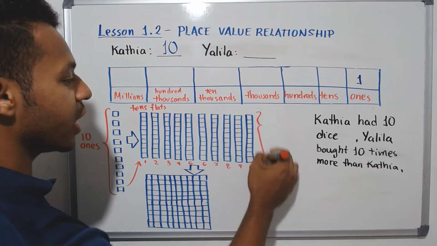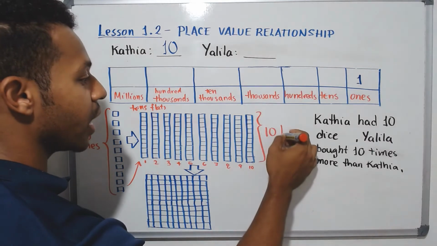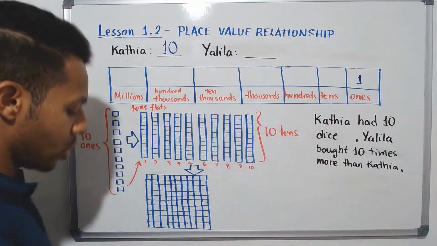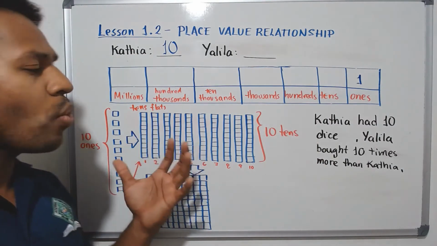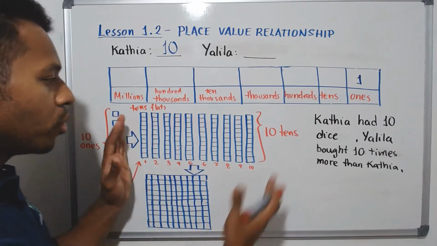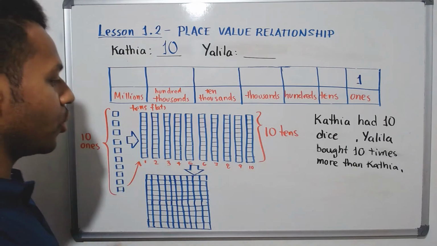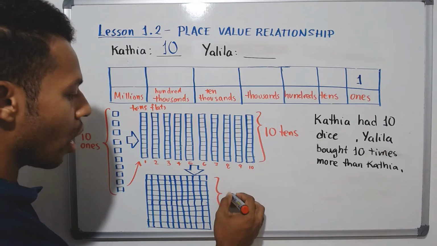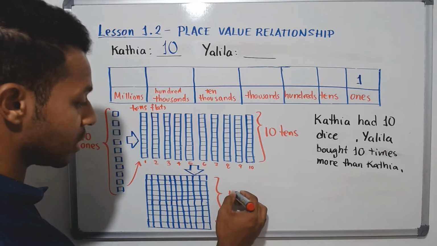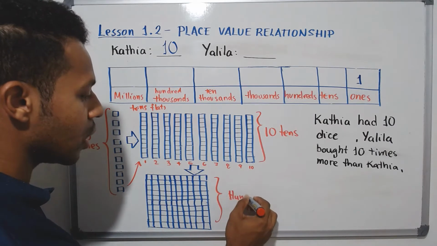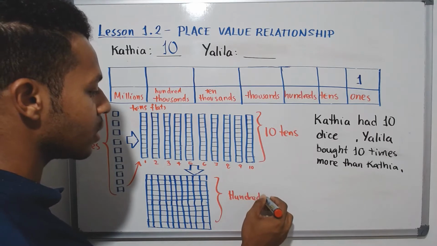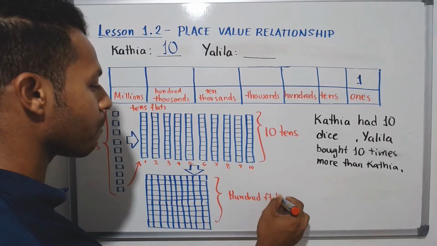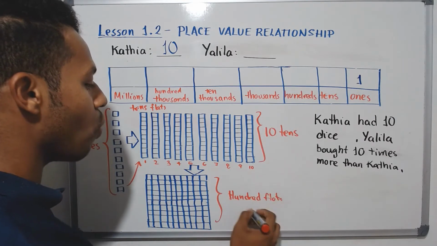So this represents 10 tens together. So what do we get if we group 10 tens flats together? We get 100. We get the hundreds flat. That is 100.